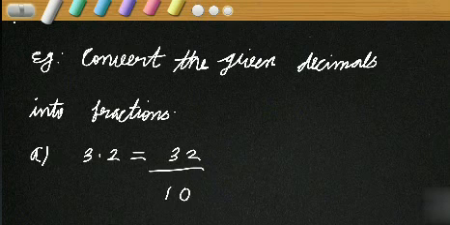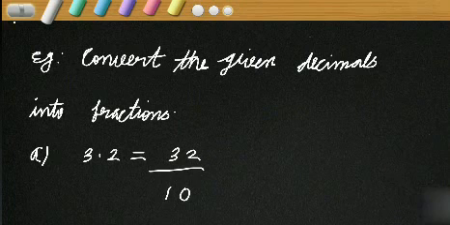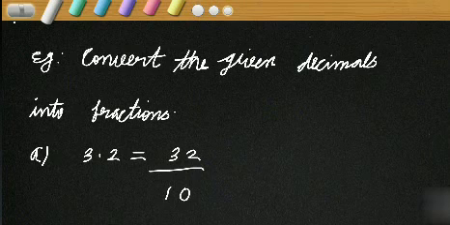Why? In 10 there is only one 0, and in the question there is only one decimal place. But can we stop the answer here? No. Why? A fraction has to be reduced.